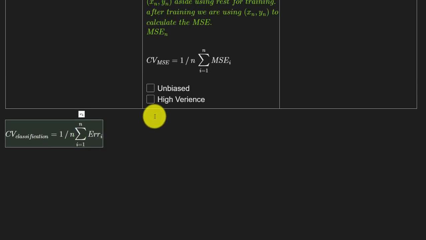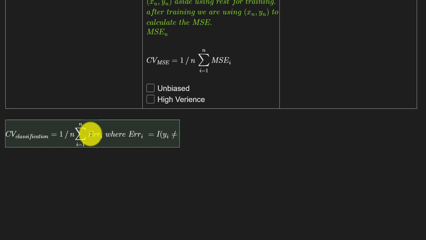So if you see, just this formula is changing. If I make it very specific, where Err_i will be, let's say, some value I, where our y_i, that means our actual value, is not equal to the predicted value, right?